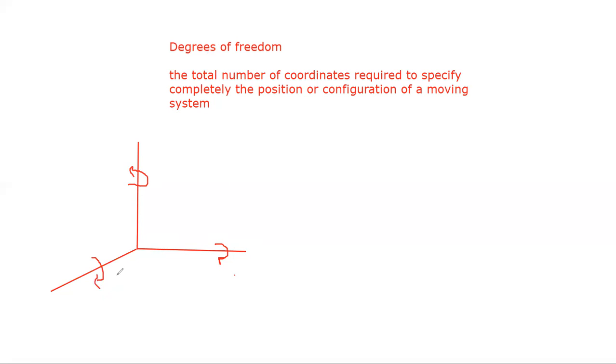So it has three degrees of freedom due to its rotational motion also. So a body can have in total 6 degrees of freedom, 3 rotational and 3 translational. Right? The maximum degrees of freedom a body can have is 6, 3 rotational and 3 translational.